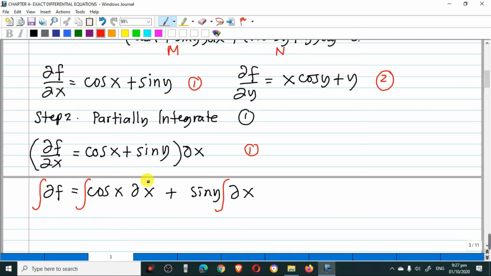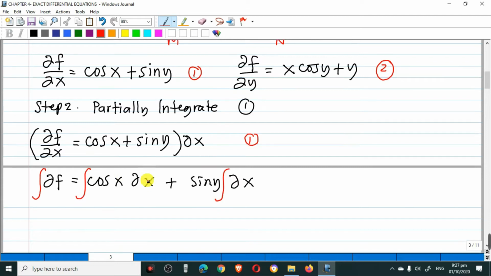In partially integrating with respect to x, anything other than x will be considered a constant. The antiderivative of the partial derivative of the function is simply f.